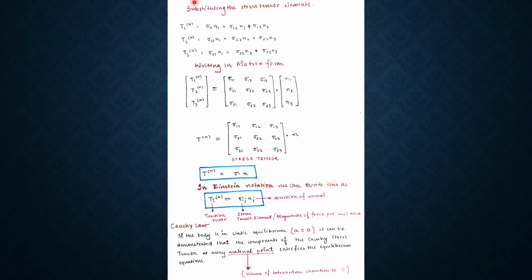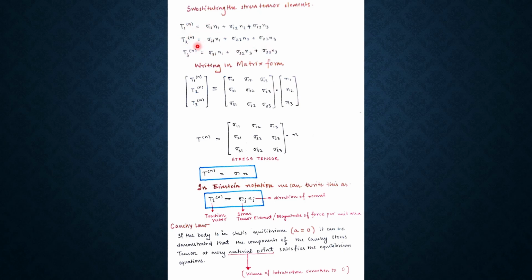So doing that, this is what we get: t1 of n is equal to sigma 11 n1 plus sigma 12 n2 plus sigma 13 n3, and similarly all the others.